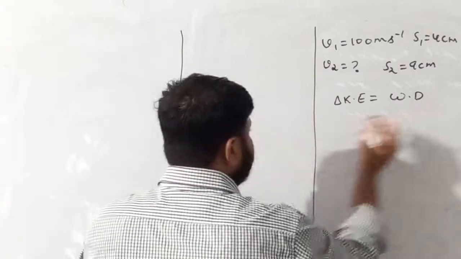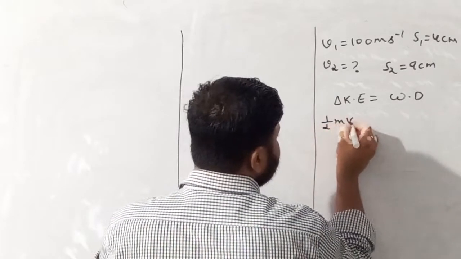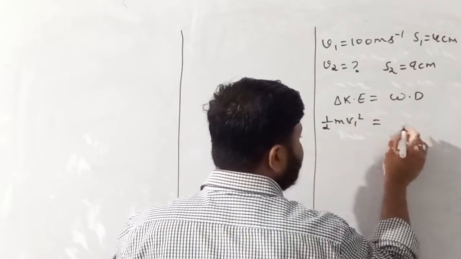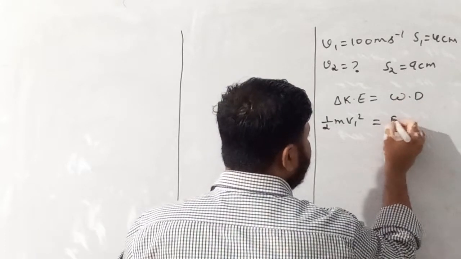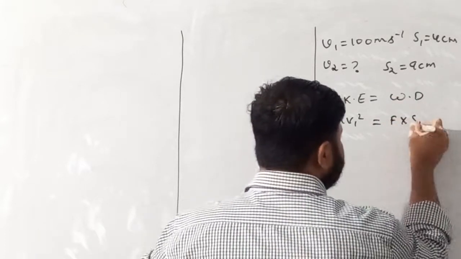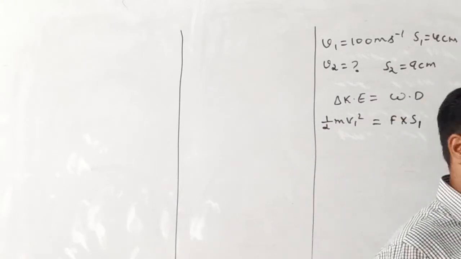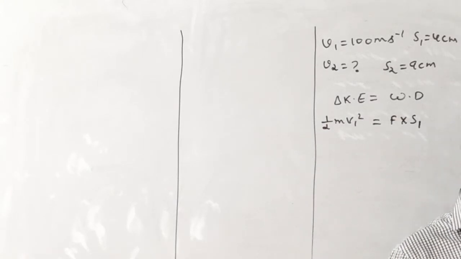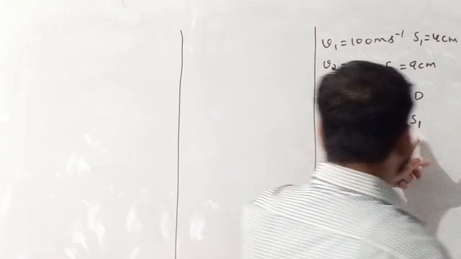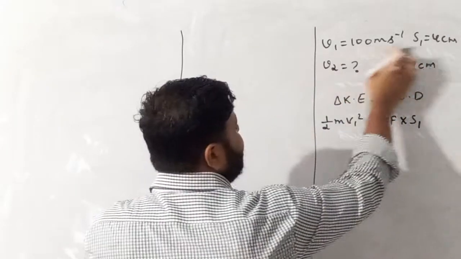So half m V1 square equals work done, which is force into displacement S1. I hope you all are understanding this. This is the first case.